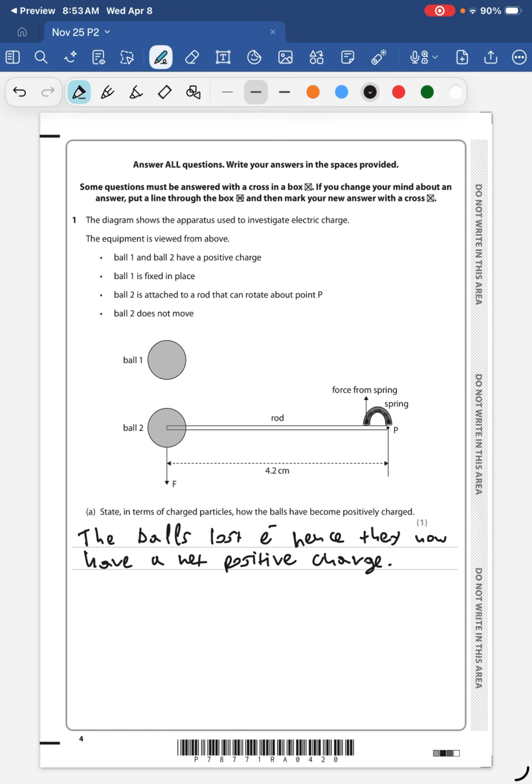And I don't know if they tell you these things in your classes, but most objects in nature are electrically neutral. So even if they lose a little bit of charge, they become charged with positive charge if they lose electrons. Hope this is useful.